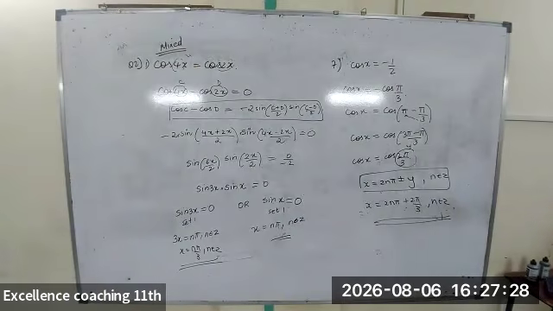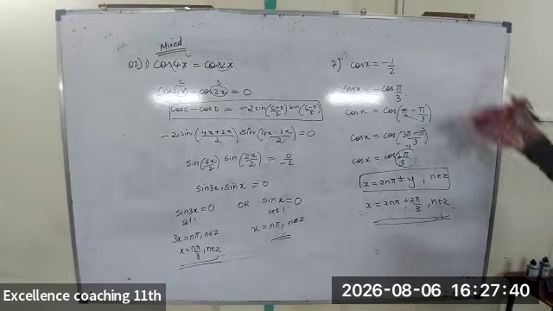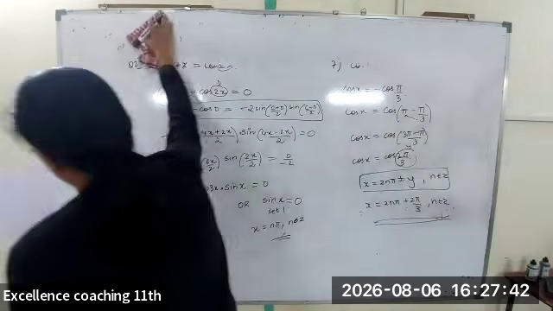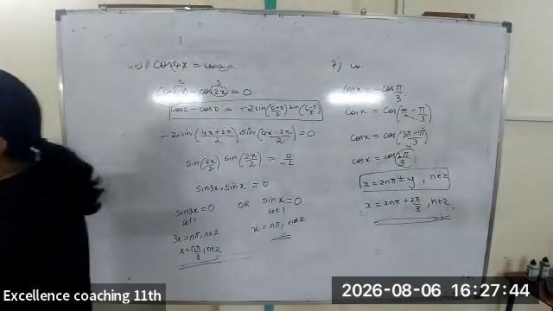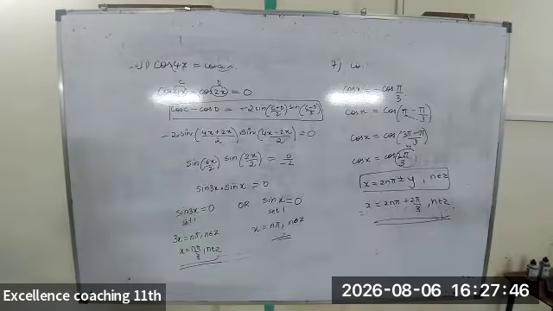Alright, the second one. Now there are three terms. So you have to apply this same formula, but for any two of them you have to bring them together. So check which ones to bring together.